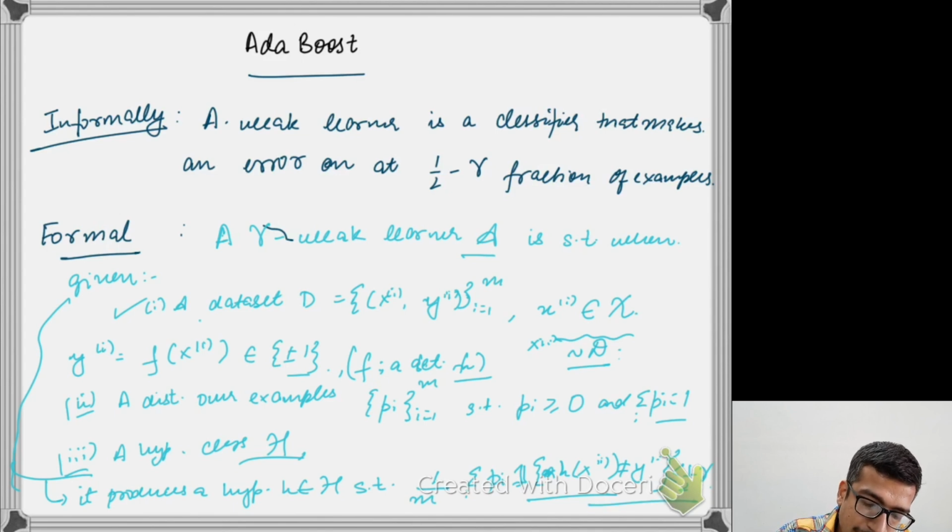So given this data set, given a distribution over examples, and given a hypothesis class, it picks a hypothesis in this class such that 1 by m times the sum over i of pi times the indicator function that h of xi is not equal to yi is upper bounded by half minus gamma. So these are the assumptions which we are making. Okay, so let's proceed ahead.